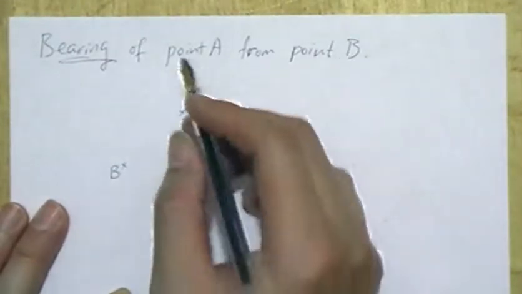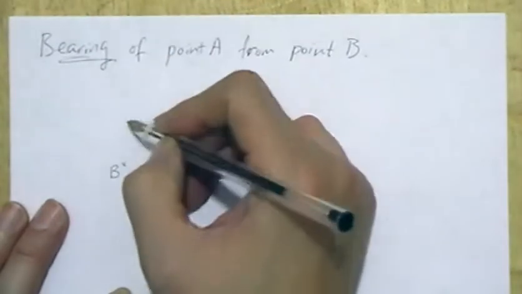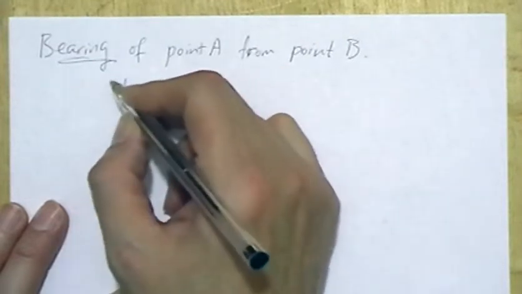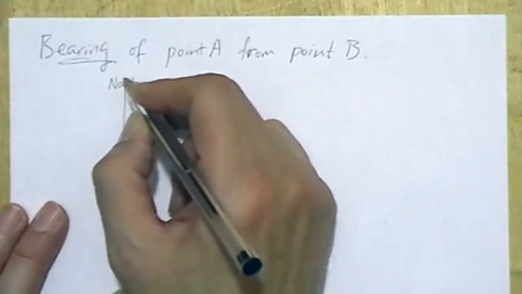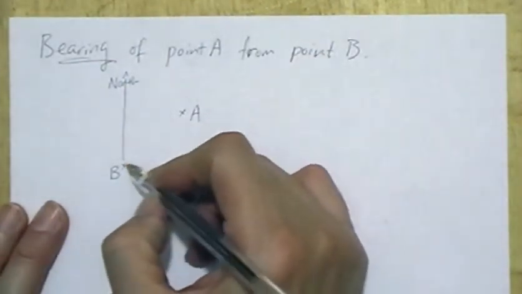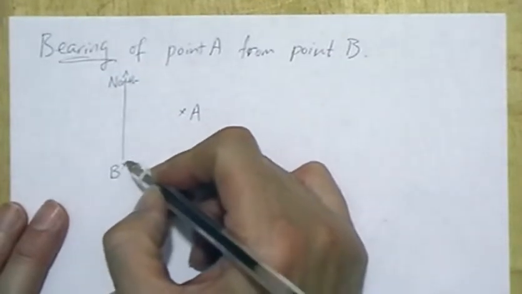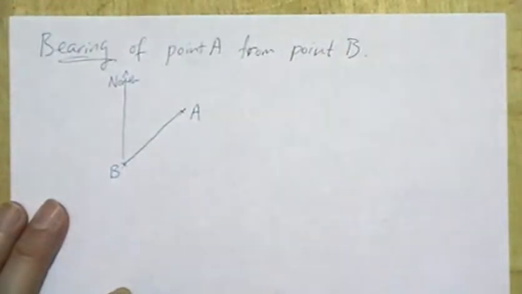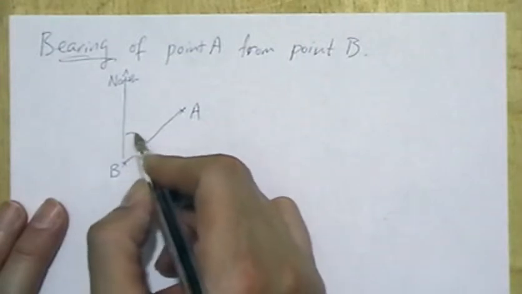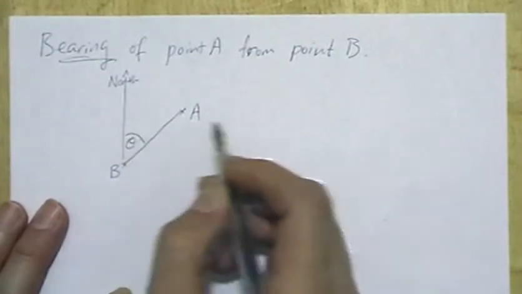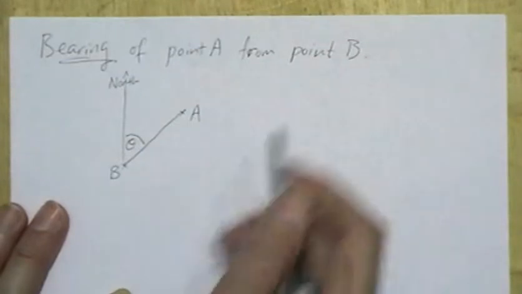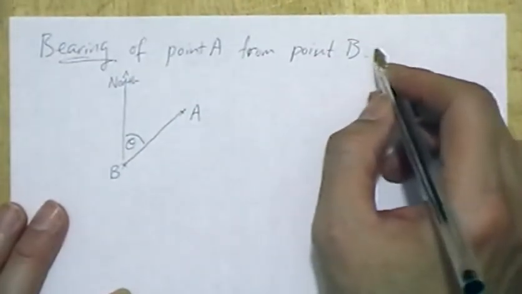Bearing means if I go to point B and draw a straight line that points to the north, and then if I draw a straight line that joins B to A, then the angle between the two lines is the bearing of point A from point B. So that's what it means.